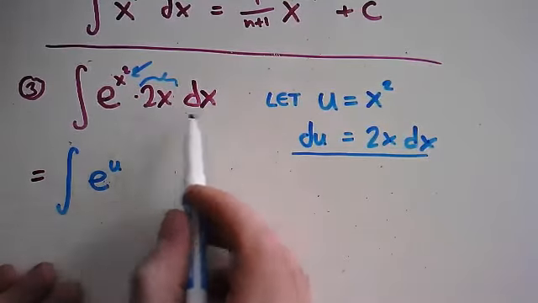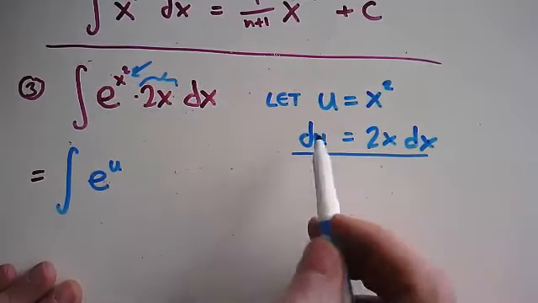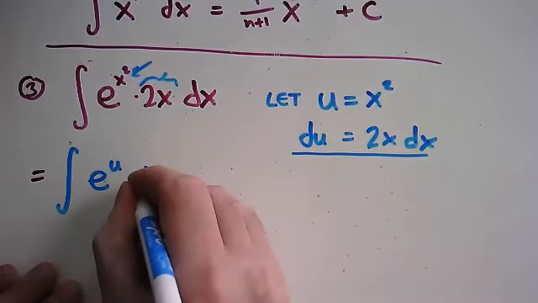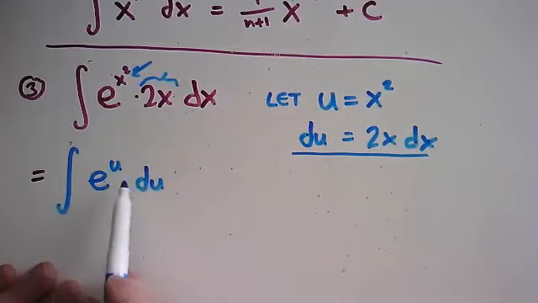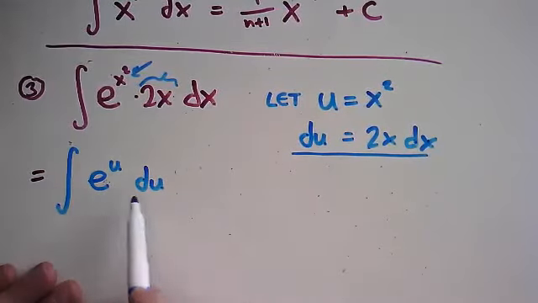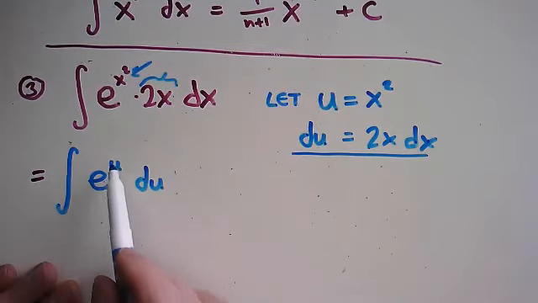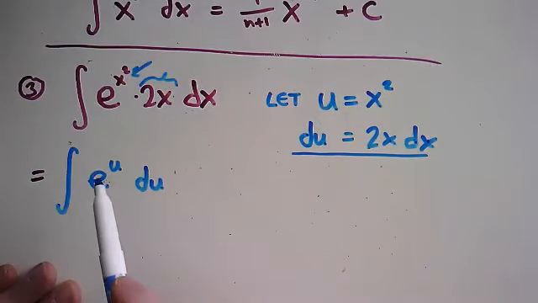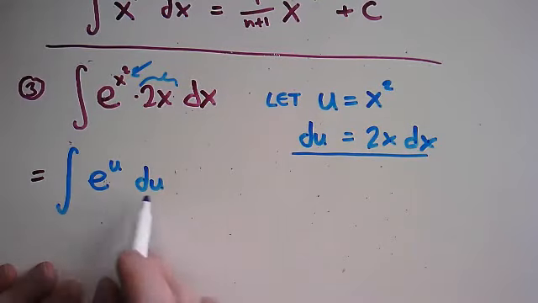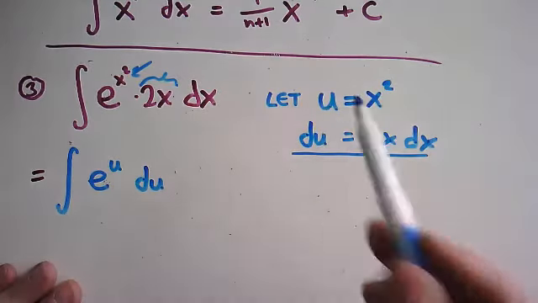I have 2x dx, and 2x dx is equal to du. Okay, and if we look at how I've rewritten the integral, this is a much easier antiderivative, right? It's just e to the power of u, so its antiderivative would be e to the u plus c. Okay, so this is the goal. We accomplished it by our choice of u.